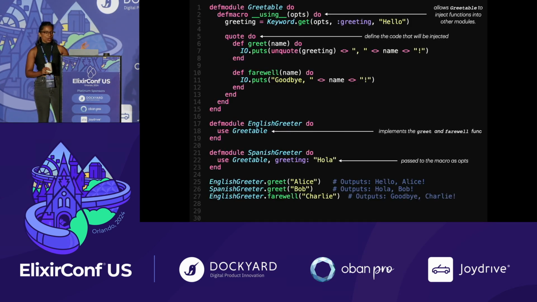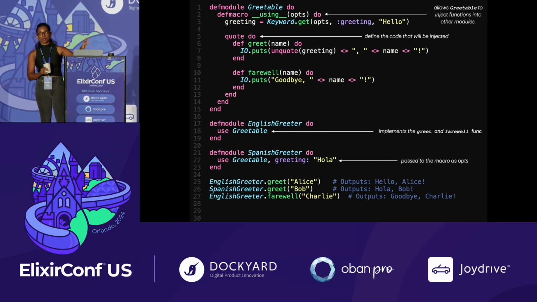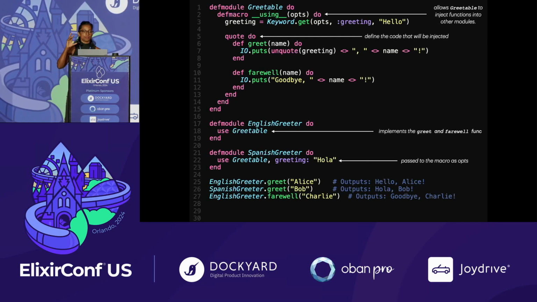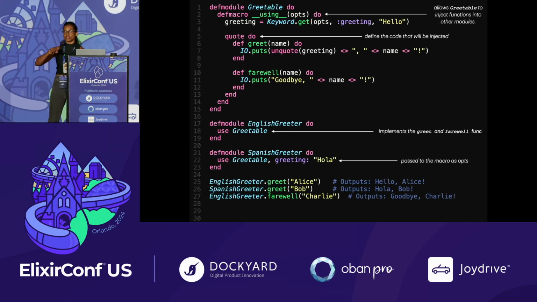So here's a module called Greetable, which is a macro. I'm defining this particular Greetable module, and it has this macro called __using__. What that does is it allows the function or whatever's defined there to be injected in any module that uses it. So if you look at the bottom part of the code, there's EnglishGreeter and SpanishGreeter, and they both use Greetable.